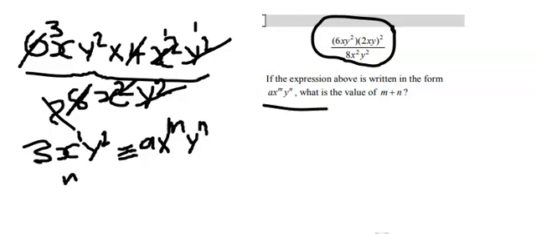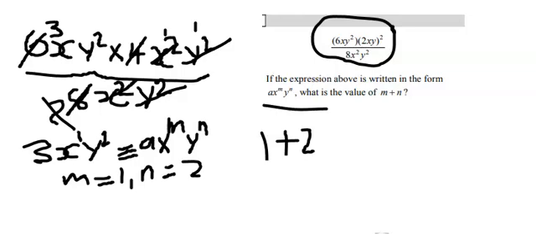So what that means is that my m is equal to 1. And of course my n is equal to what do you have there? That's 2. My n is equal to 2. So what do you take m plus n? m plus n will just be 1 plus 2.